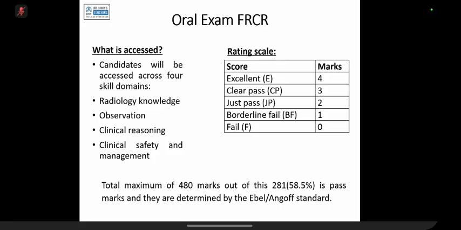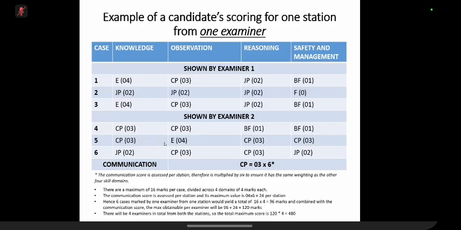And for this 480, the pass percentage calculated is 58.5, but the pass marks are determined on each attempt by some statistics according to some models. You don't have to worry, simple as that, because this is what they have to do, not you. For example, this is a hypothetical mark sheet by an examiner, with cases 1, 2, 3, 4, 5, 6.